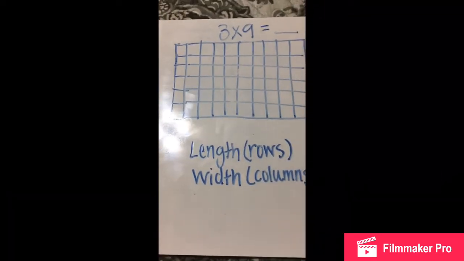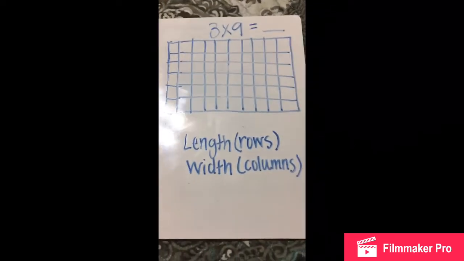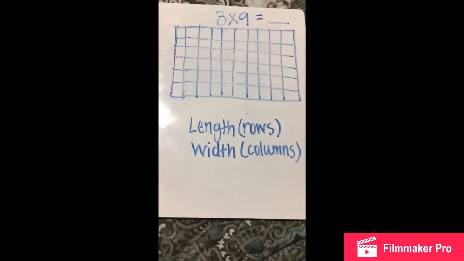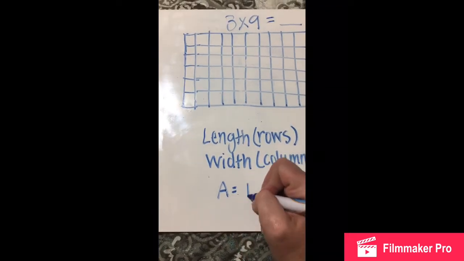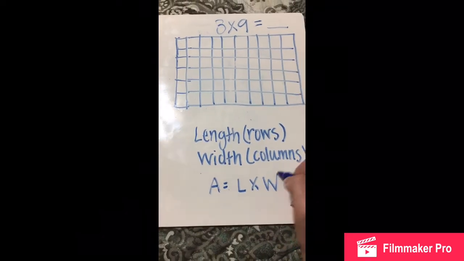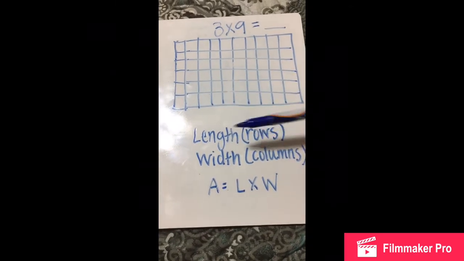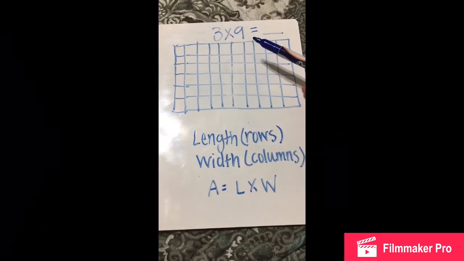What if I had the multiplication sentence 3 times 9 and it's asking me to find the area? So I have my array here, but it's blank, so I need to fill it in. My formula for area equals length times width. Well, I know length is how long it is or how many rows, and width is how many columns or how wide it is.